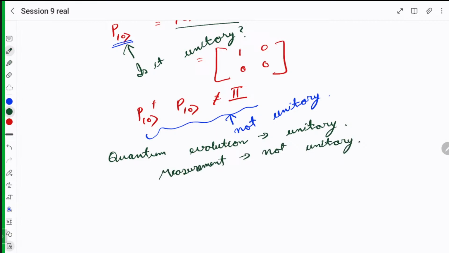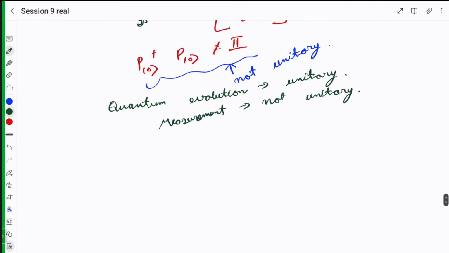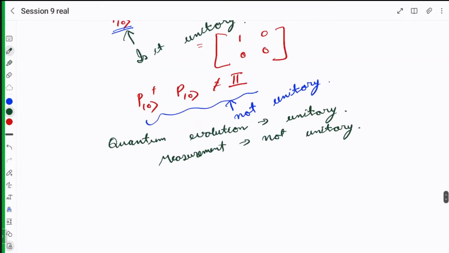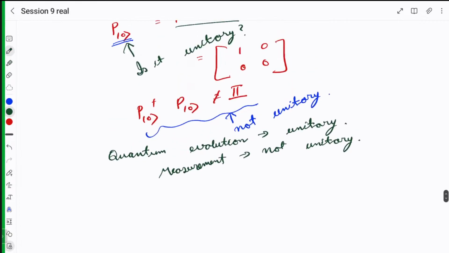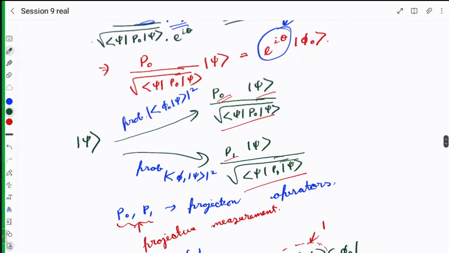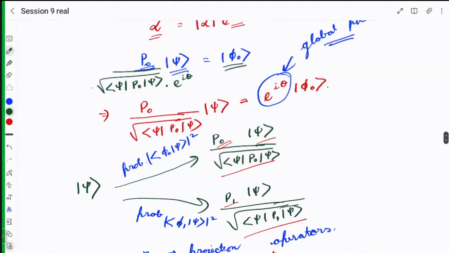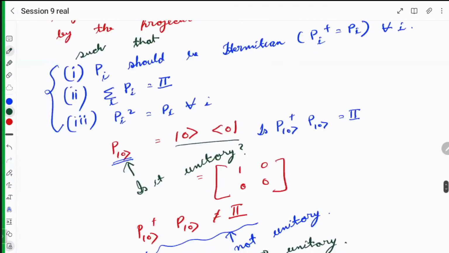So the length of the projection is not the same as the length of the original vector. Yeah, that is the mathematical answer, and that's why it is not unitary. The norm is not getting preserved, although you can divide by the normalization factor and get back the same norm.